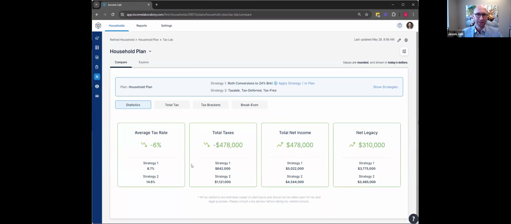And I tell the clients that up front. CPAs are really focused on this year and maybe next year, maybe. And so our job is to look further into the future, whereas the CPA's job is to look more at the current year. And so just setting the stage early is very helpful.